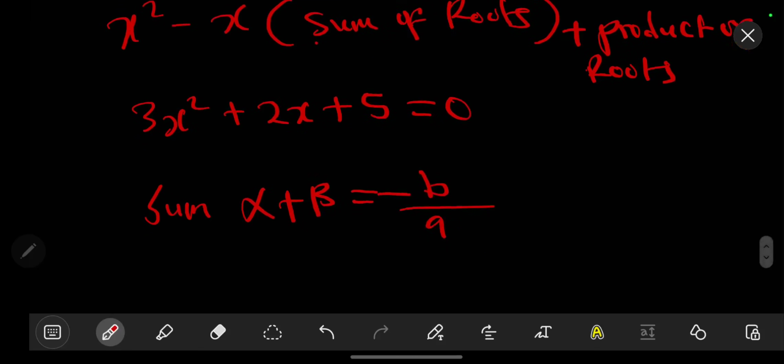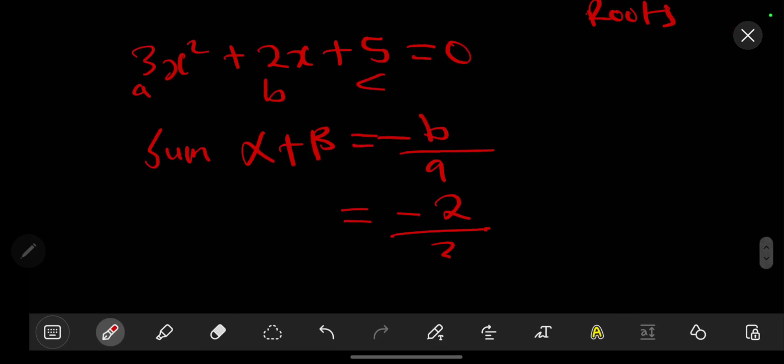So here we have our a, we have our b, we have our c. Then b is equal to 2, so we have negative 2 over a, which is positive 3.